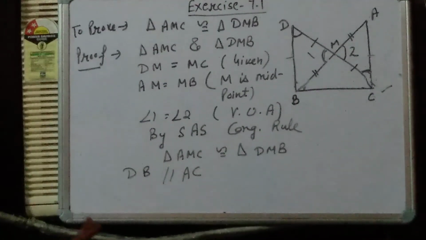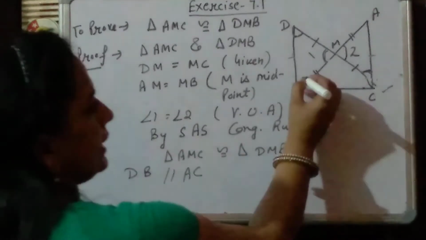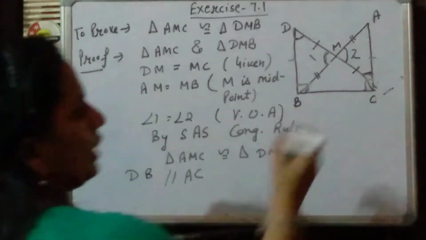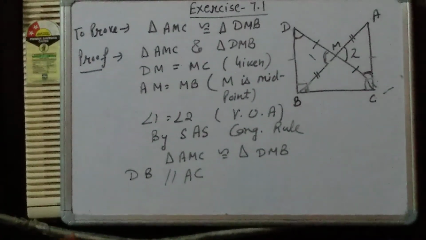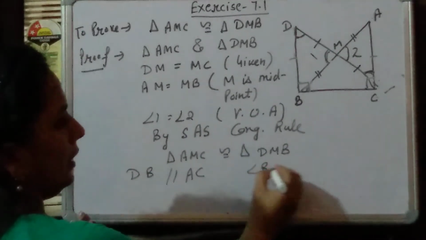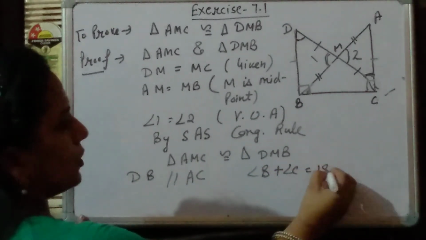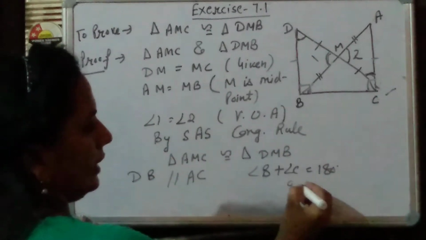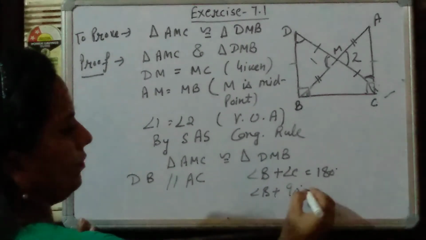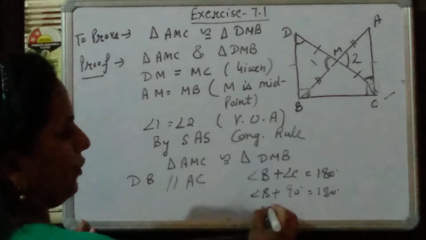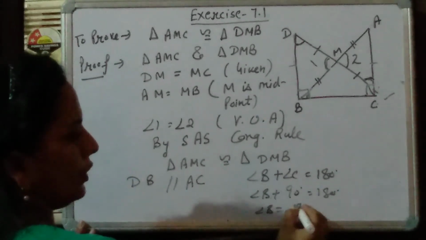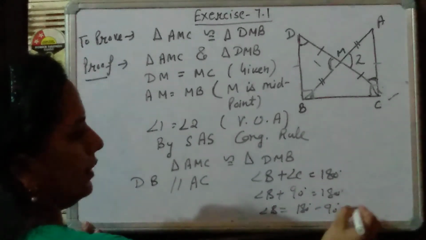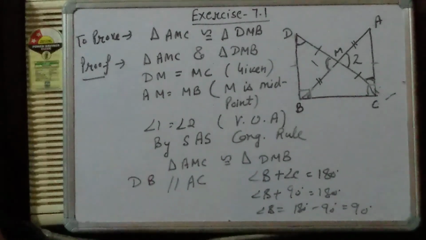If these two lines are parallel, then we can say that the sum of these two angles is 180 degrees. So we will write here angle B plus angle C is equal to 180 degrees, and angle C is given, this is 90 degrees. Therefore, angle B is also equal to 90 degrees.